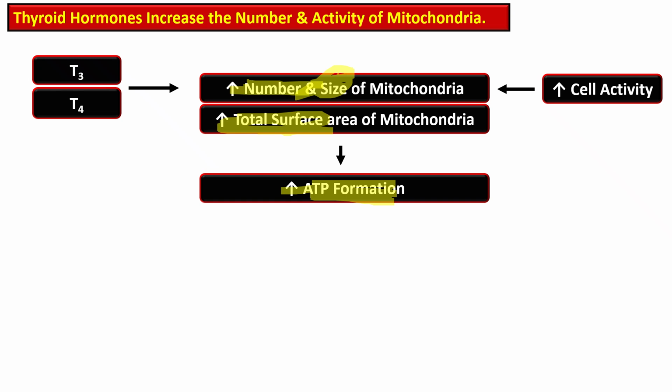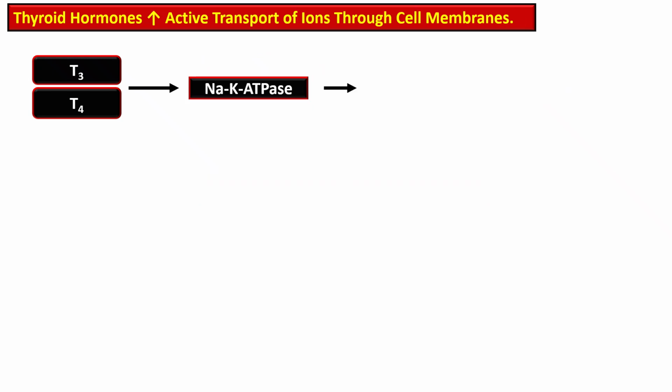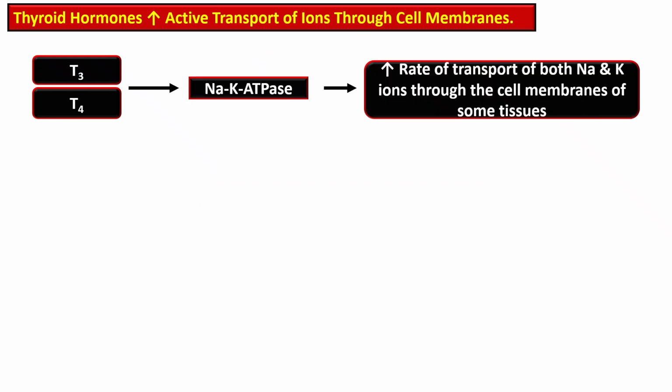It is unclear whether the thyroid hormone causes increased mitochondrial activity, or if increased cellular activity causes more mitochondria. T3 and T4 have an effect on the sodium potassium ATPase pump.